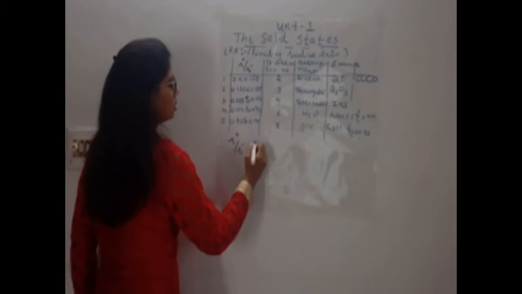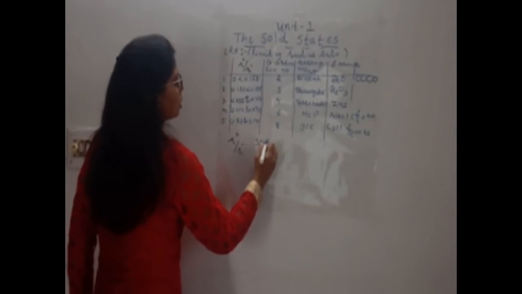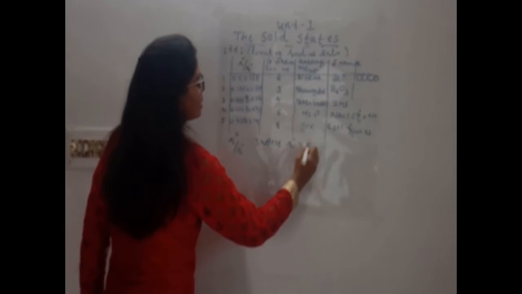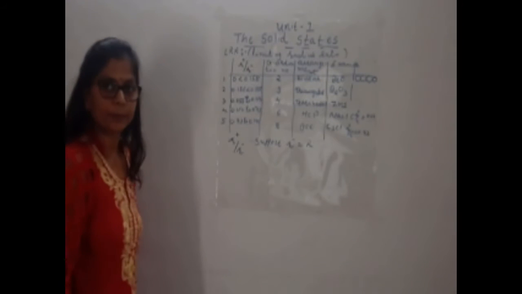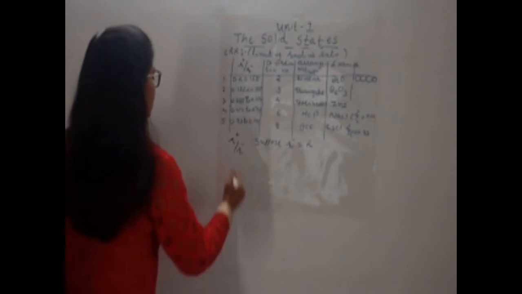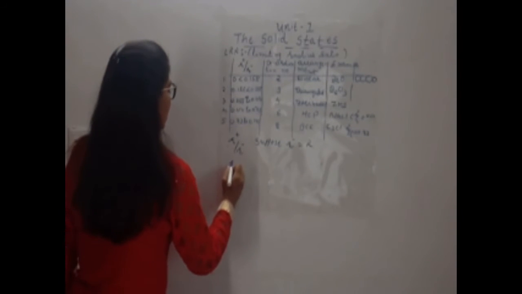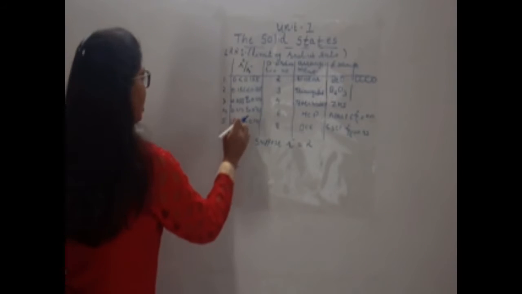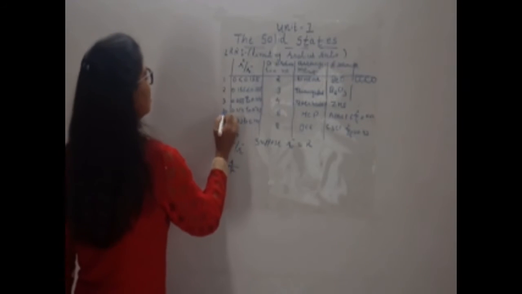Now suppose I'll consider R minus as a capital R. So I'm writing R upon R, and now we are taking this range.